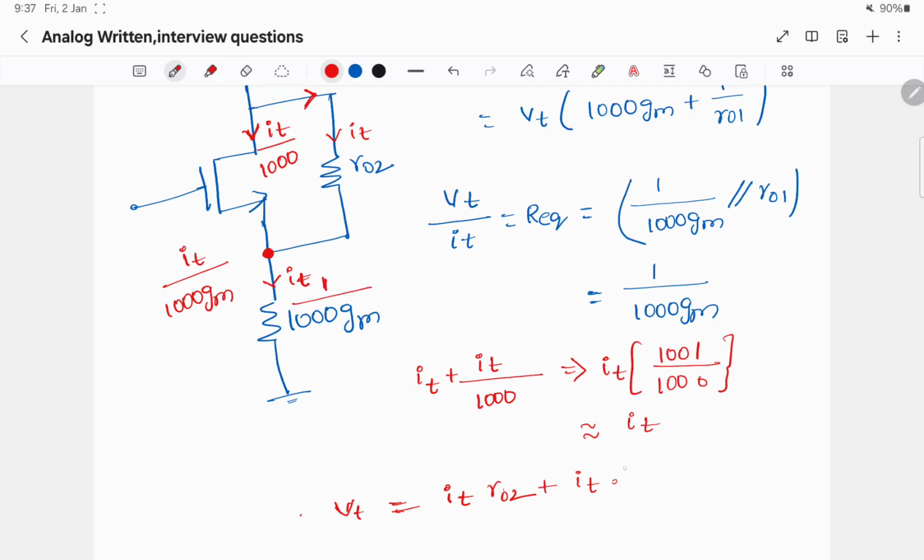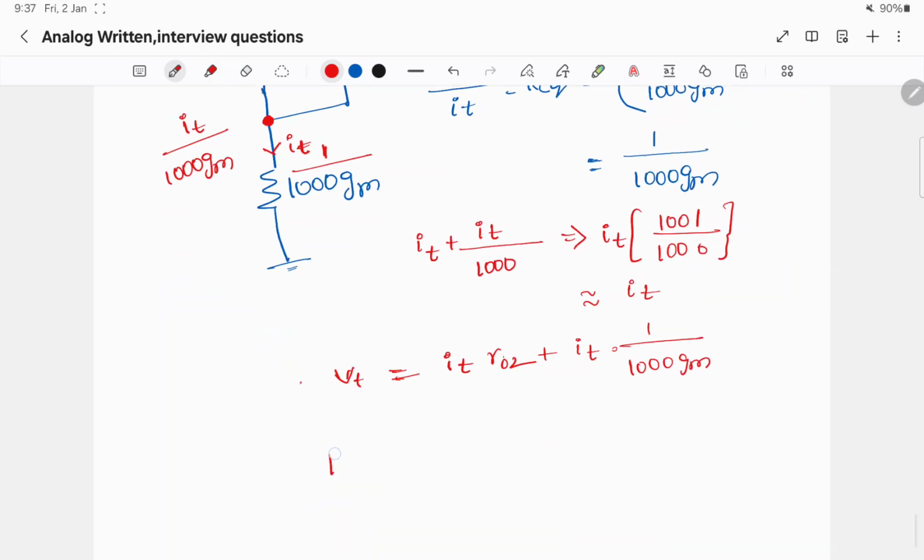So the output resistance is RO2 plus 1 by 1000 GM.